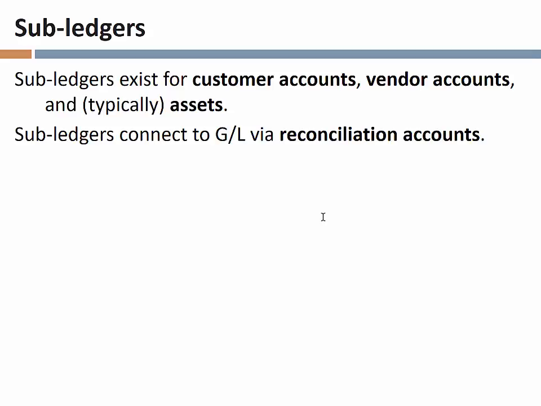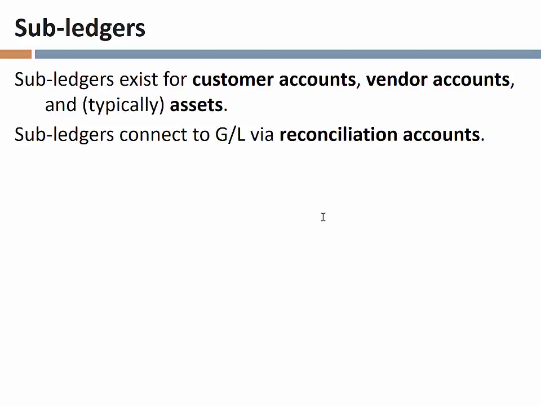So let me draw a picture and then explain what I'm talking about here. I have a lot of vendor accounts. Vendor accounts, that's companies that I buy things from, okay? So I buy things from Acme, I buy things from Stuff and Stuff, I buy things from Company X. I have a lot of different companies that I buy stuff from.